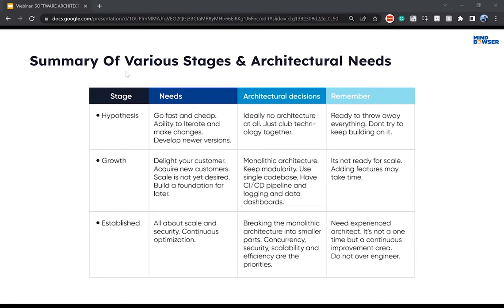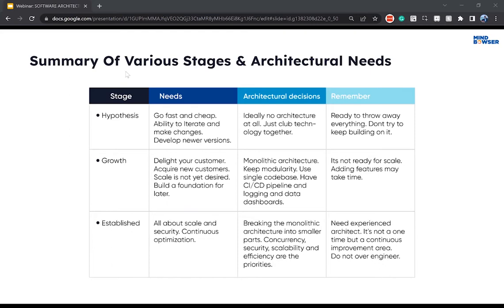But in the established stage, once new requirements started coming and new functionalities were being incorporated based on business revenues and business requirements, we started splitting the monolith into microservices in the established phase. But the availability and scalability were well planned from the growth stage.